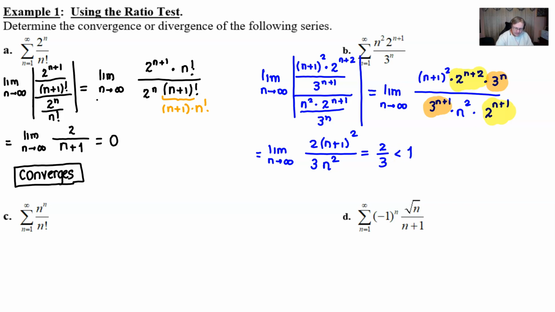I probably could have written that over here just to kind of emphasize it, not a bad idea. And because we are less than 1, I know that once again, we will converge. So we're 2 for 2 on the convergence.